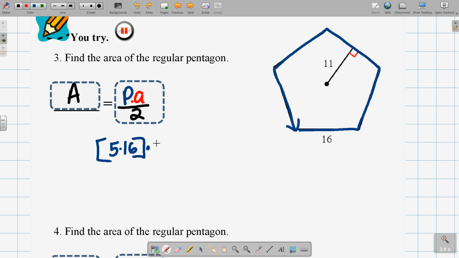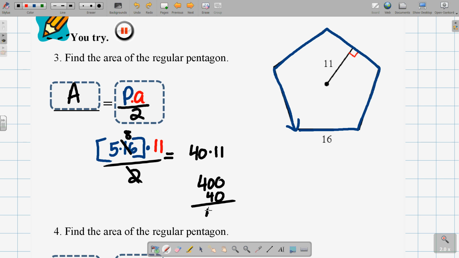Our apothem is 11 over 2. I'm going to take that 2 into the 16. That's 8. And I get here 40 times 11, which is going to be the same as 400 plus another 40. And we get 440. Check units. Units squared.